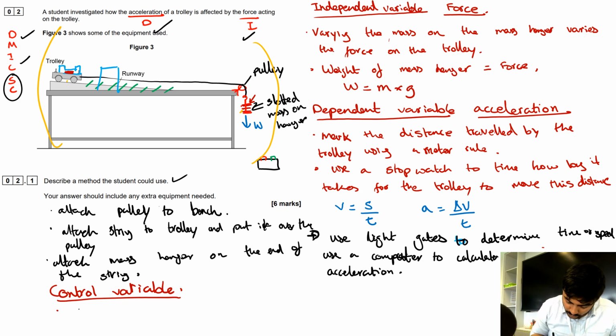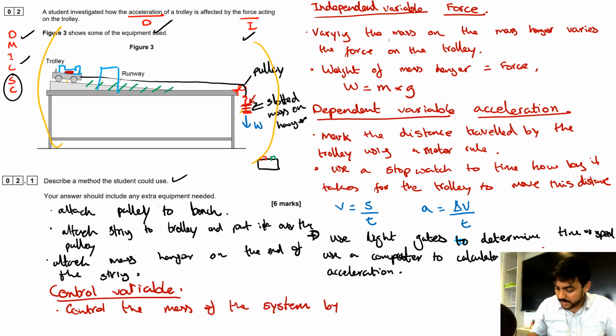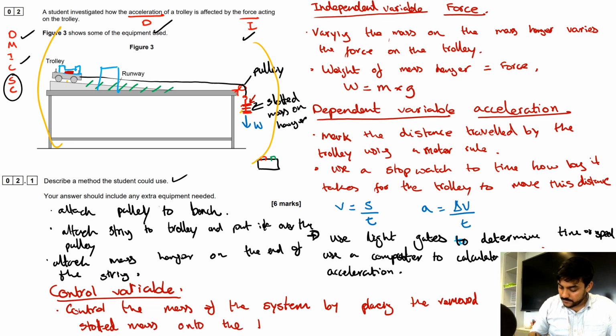So, control the mass of the system by placing the removed slotted mass onto the trolley.